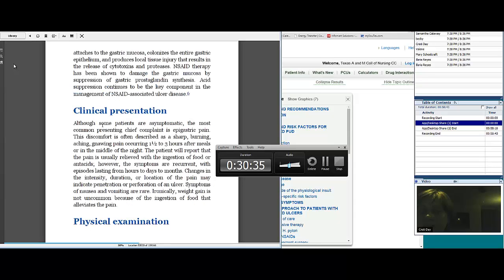So those are the things we need to look at. With the report that pain is relieved with the ingestion of food or antacids. So, when the stomach is empty, it's going to hurt. If you have a peptic ulcer in the stomach, when the stomach is empty, it's going to hurt. Food may make it feel better, and antacids.